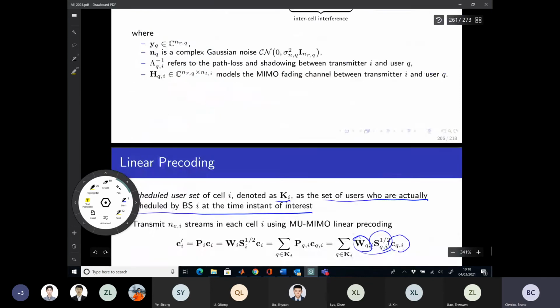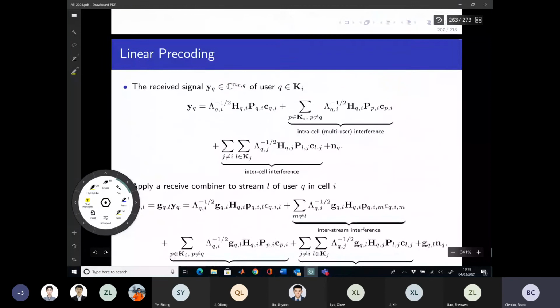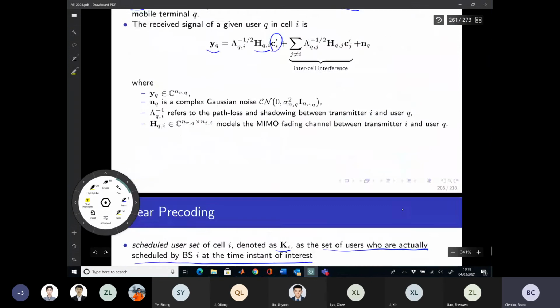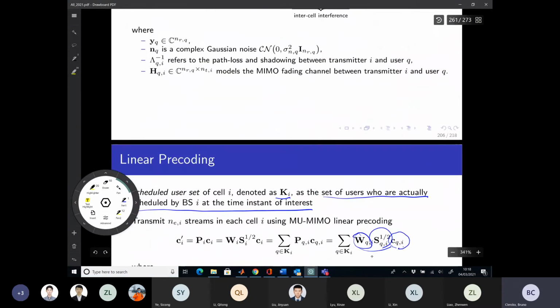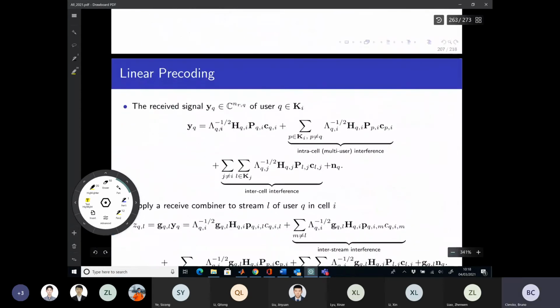Once you have that, then you have a sum here. Then you can write your entire system model, your received signal, where I'm simply replacing Ci prime by this expression here. So now I have my received observation at user Q given by this.